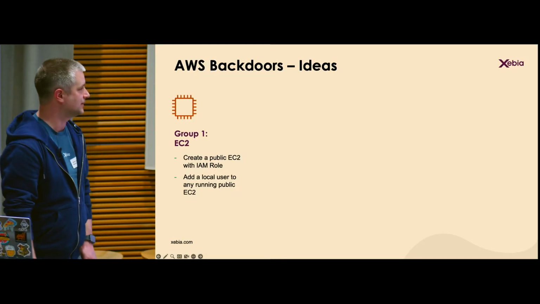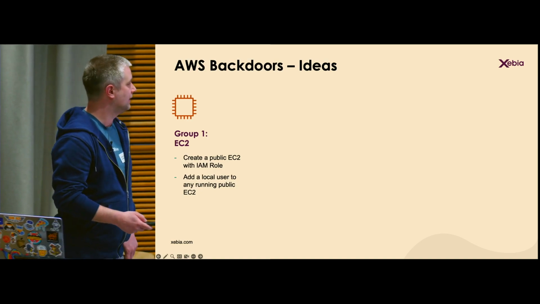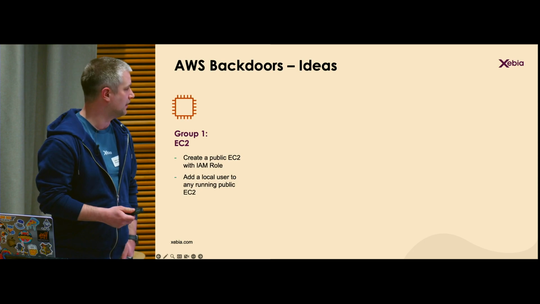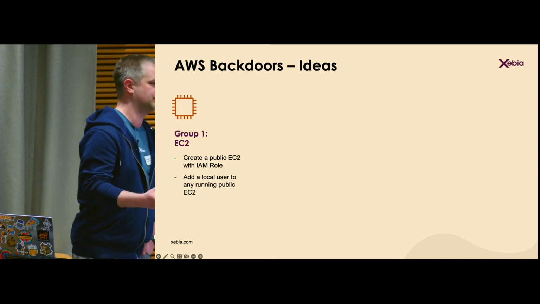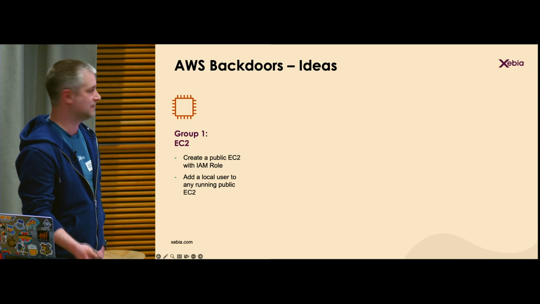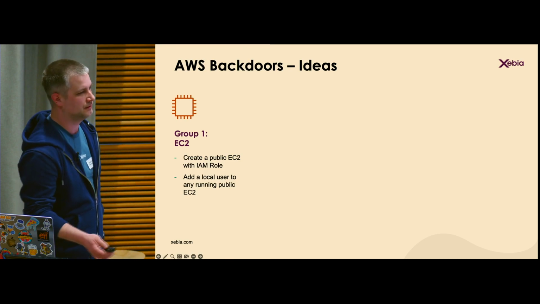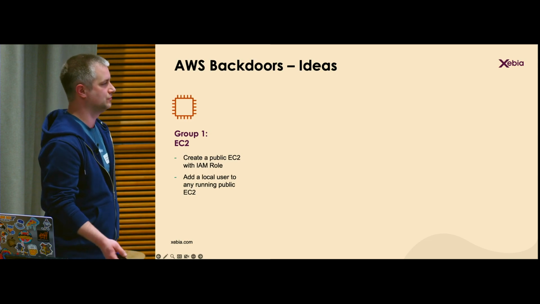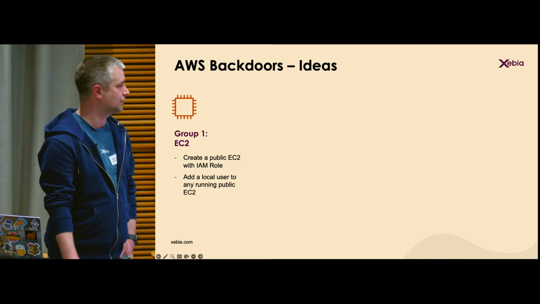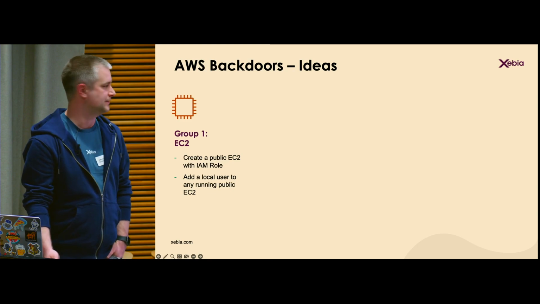Backdoors and my ideas for backdoors. I divided it to different groups. First group, servers, and this one starts with either creating public EC2 with admin permissions, if I have admin access on your account, or I have access to your EC2 service, then I can create a public server which I can use to connect and to have access to your AWS account using a role, or I can create a local user on any of your public running EC2s.